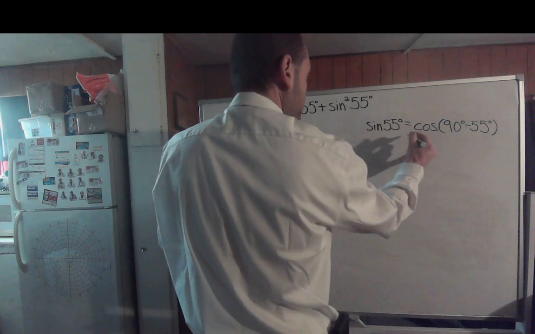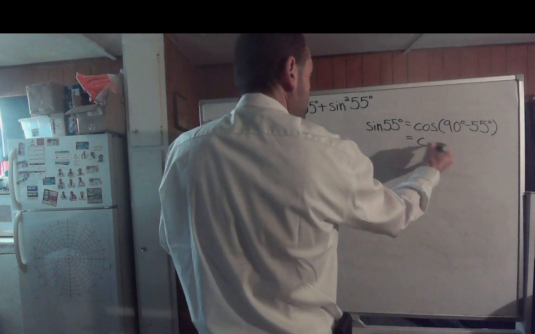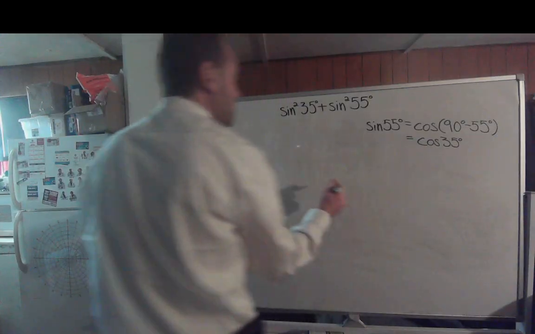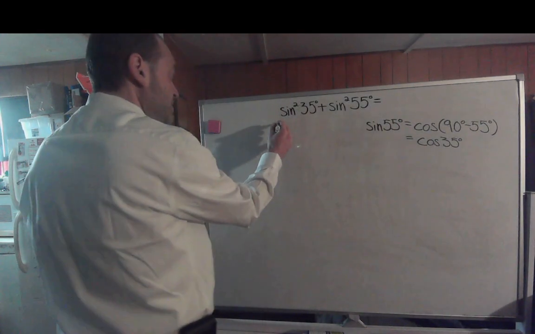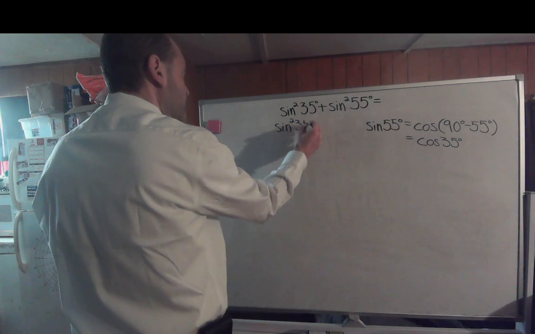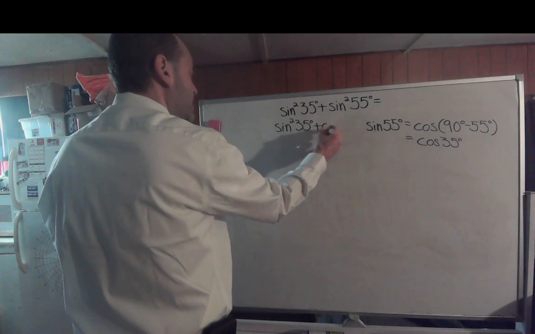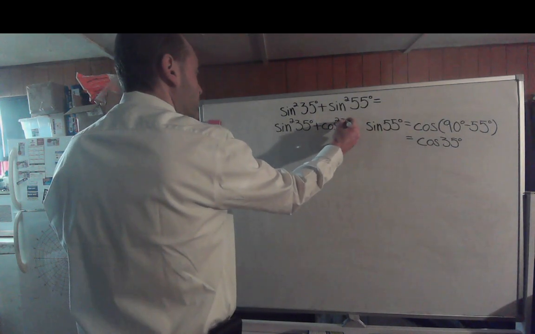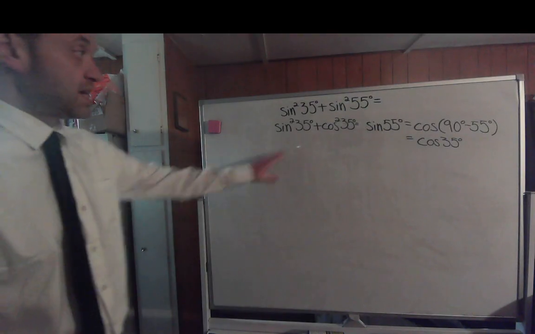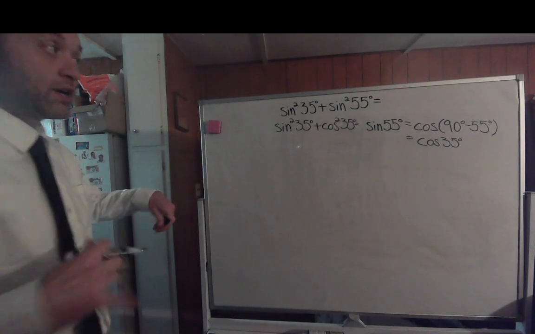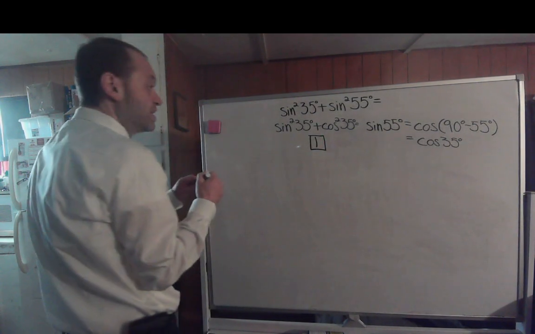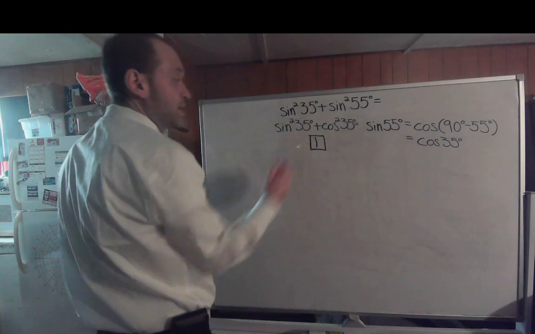So the sine of 55 degrees is the exact same thing as the cosine of 35 degrees when you subtract it from 90. So we can now turn this into the sine squared of 35 degrees plus the cosine squared of 35 degrees, which sine squared plus cosine squared using the Pythagorean identity gives us 1. So we should get an exact answer of 1 from this.